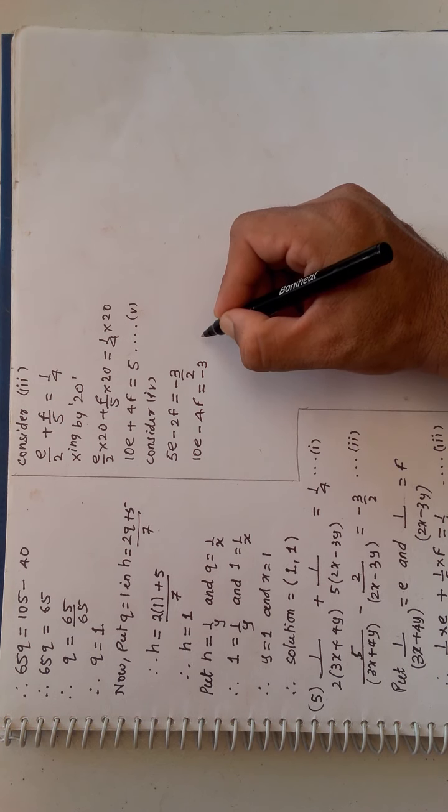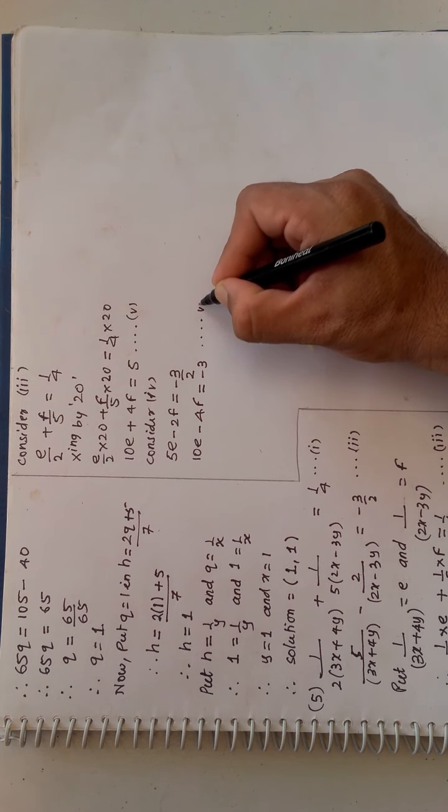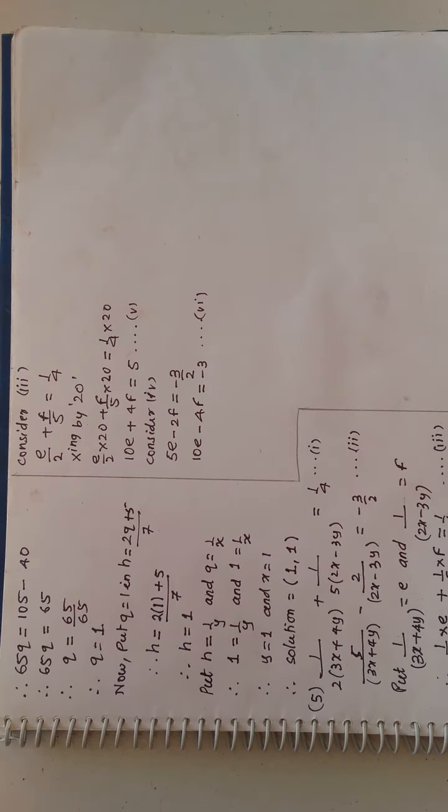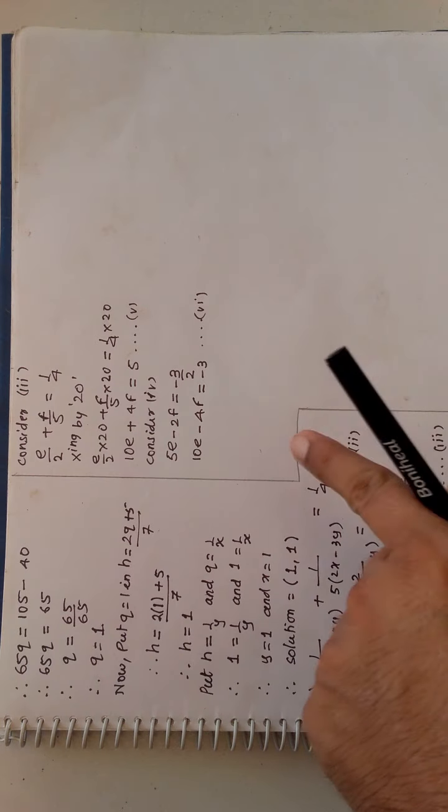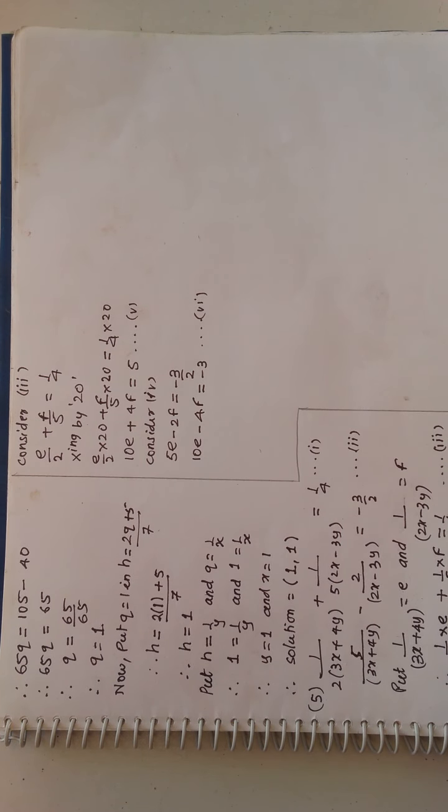Now it is a completely changed one. Number also will change. Now you look at them. Very, very nice terms you got. Both are having coefficients same. E 10 and 10, F 4 and 4. The better part is that F is having coefficient with different sign also.